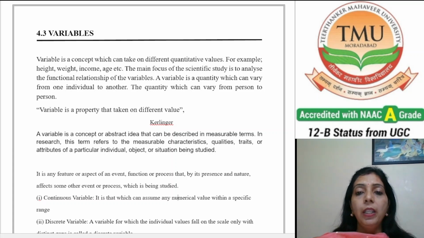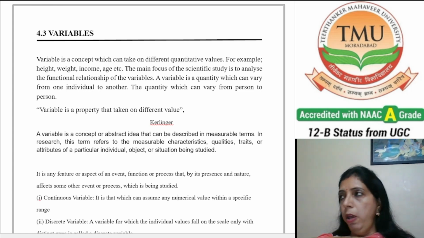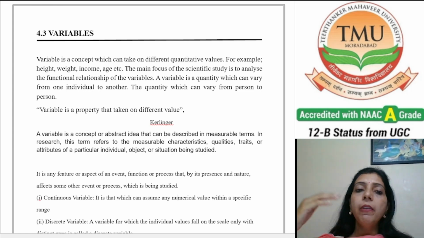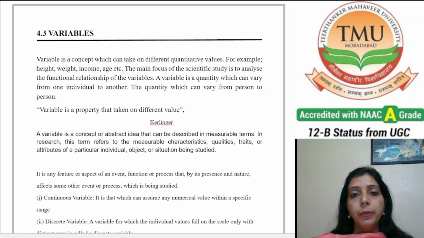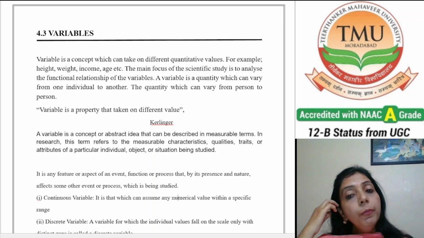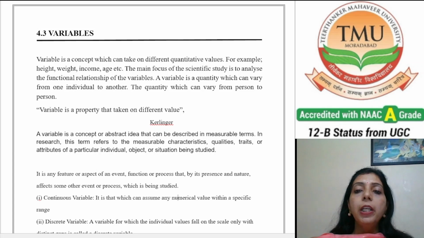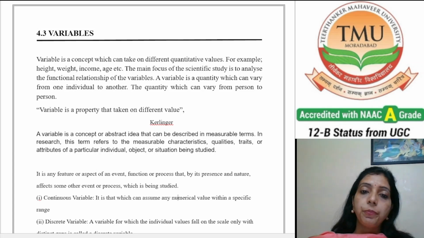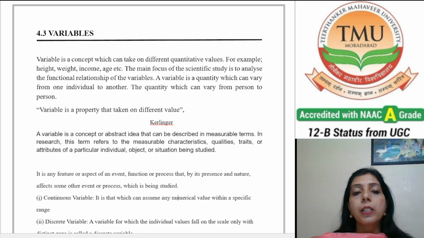So, a variable is a quantity which can vary from one individual to another, the quantity or the value which can vary from person to person. A variable is a property that takes on different values. This definition is given by Kerlinger.